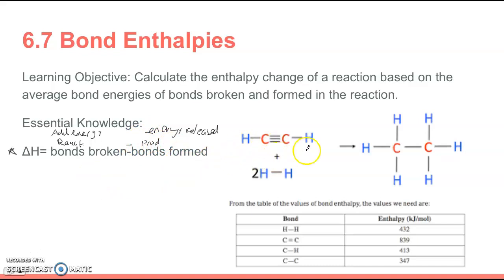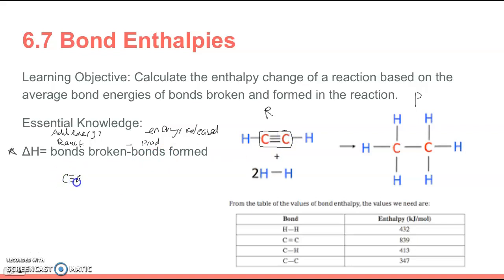So with this setup right here, these would be our reactants on the left side, and this would be our product. The bonds that need to be broken are, first of all, that carbon-carbon triple bond. Then you would just make a list over here.